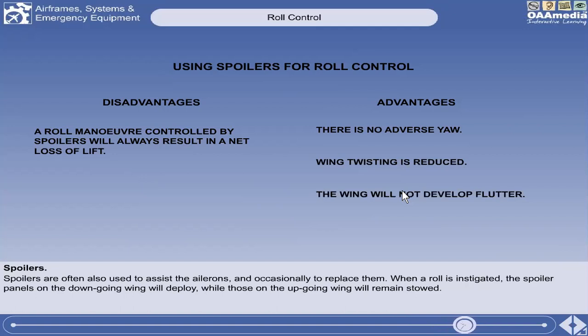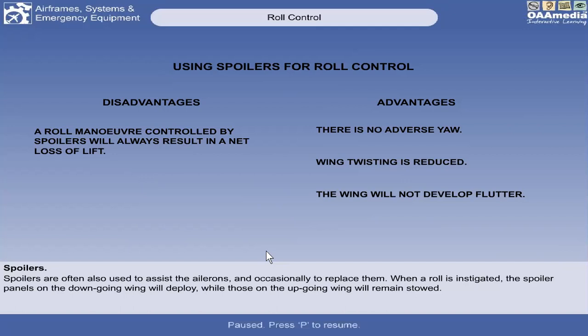It does not suffer from the phenomenon of flutter. Flutter will be explained in a later lesson. So one advantage of using spoilers for roll control is that the wing will not develop flutter. We already discussed flutter in the recent modules, but we will discuss it again in the succeeding topics.